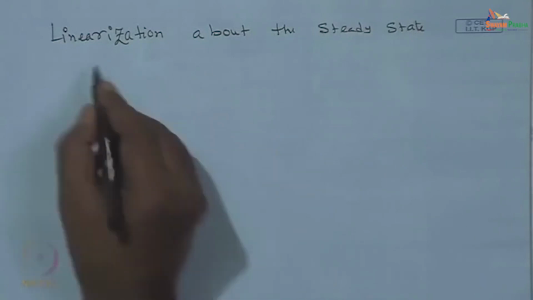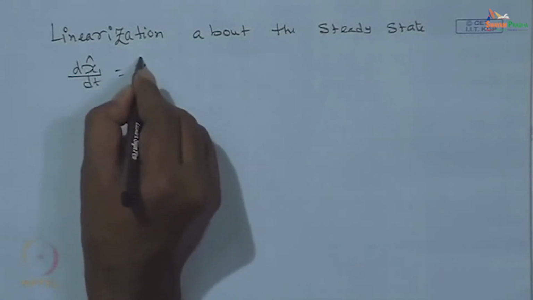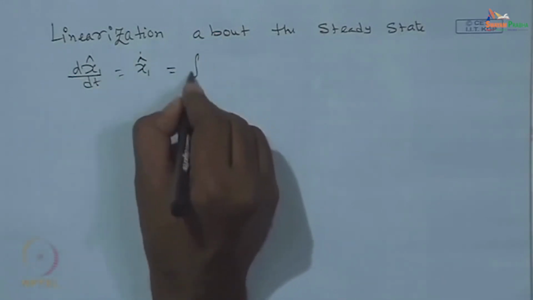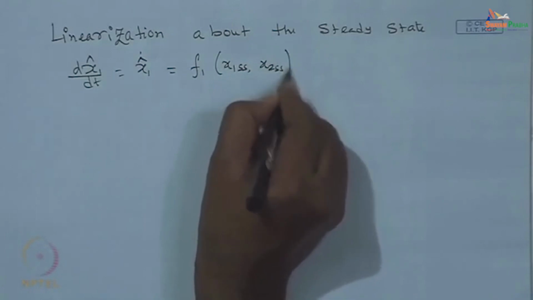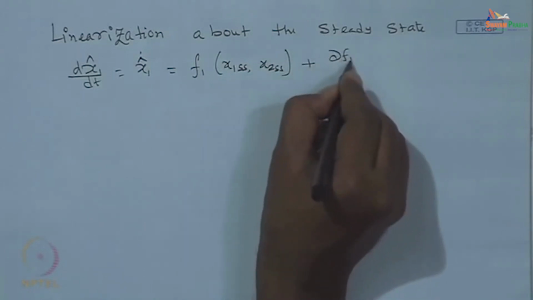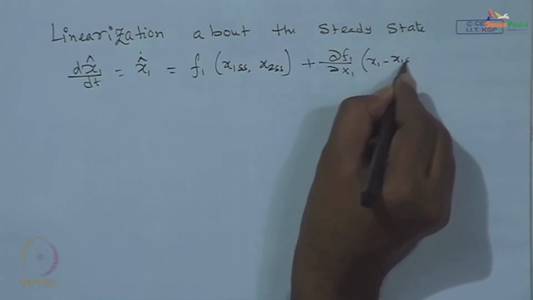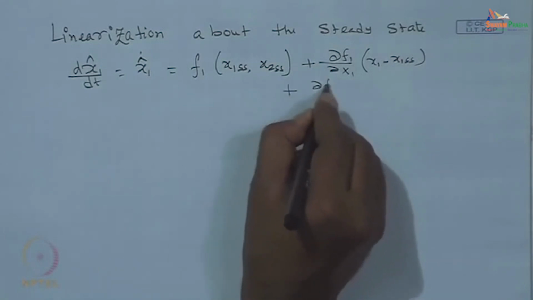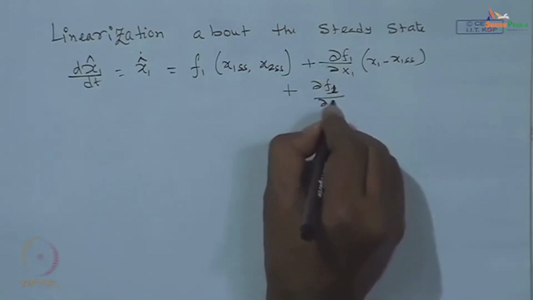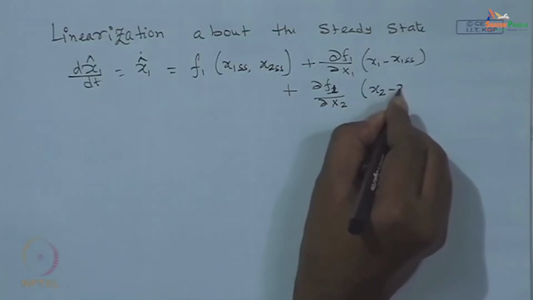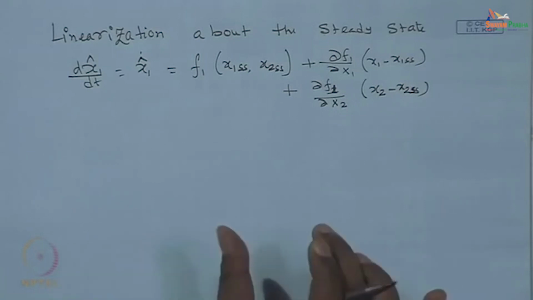If we do a linearization, then dx1 hat dt or x1 hat dot becomes f1 of x1 ss and x2 ss plus del f1 del x1 times x1 minus x1 ss plus del f1 del x2 times x2 minus x2 ss. We give a slight deviation about the steady state.